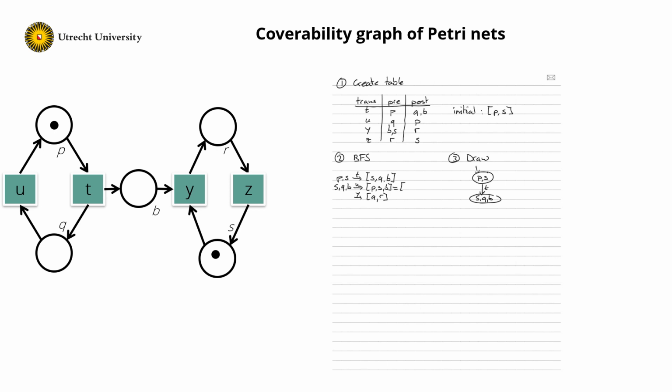So that means I have PS plus B. Hence I write PS omega B. So I draw this directly. I can do a U. And now I'm in the marking PS omega B.